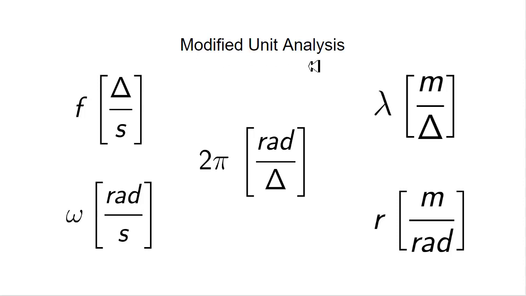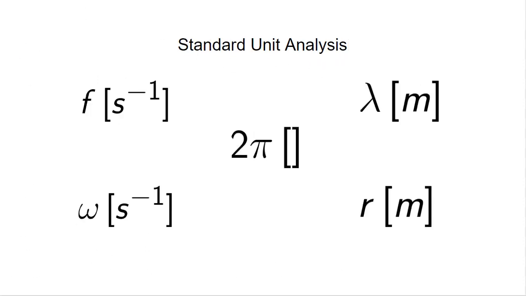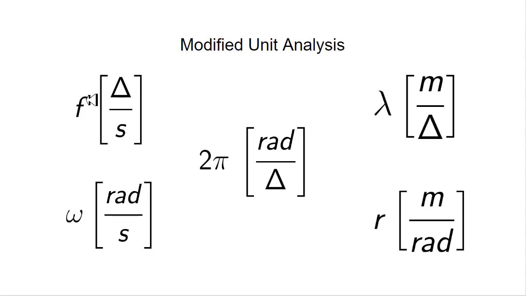And so modified unit analysis, in my opinion, is more complete than standard unit analysis, and it allows me to distinguish between cyclic frequency and angular frequency, and between wavelength, circumference of a circle, and the radius of a circle. So I think that this is important. I think it's important to be allowed to do this, and to understand why I am doing this.